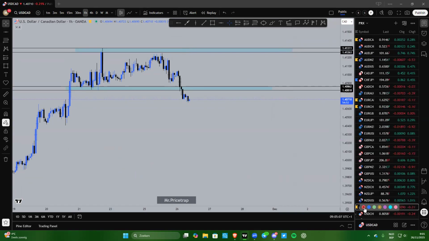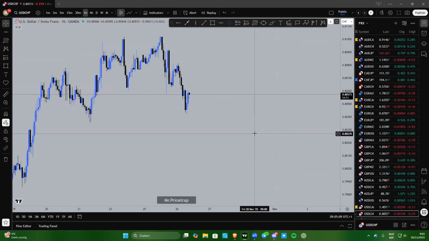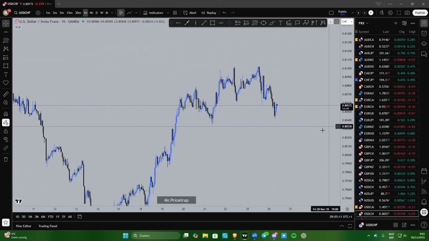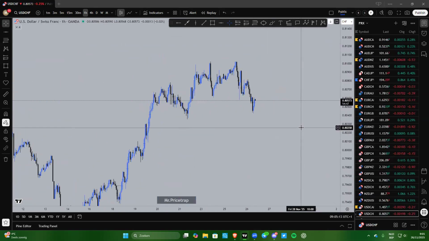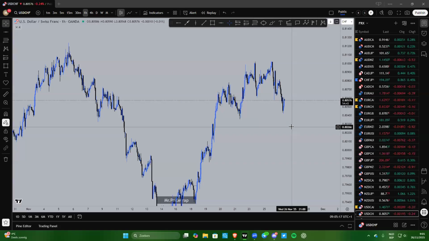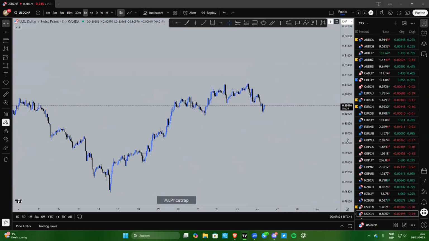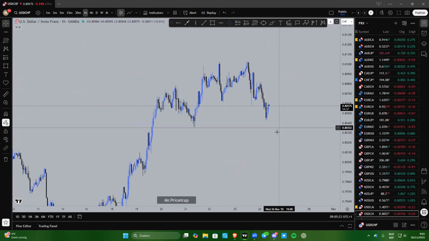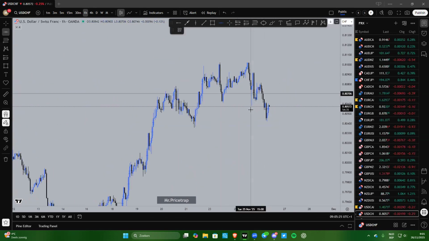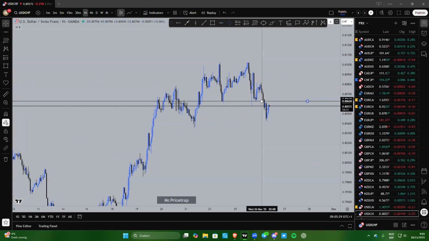So that's UCAT, UCHF. Yeah, a little bit the same. This is a hard one. I do believe, or I do see the downside potential, but we did react on some good demand zones there.